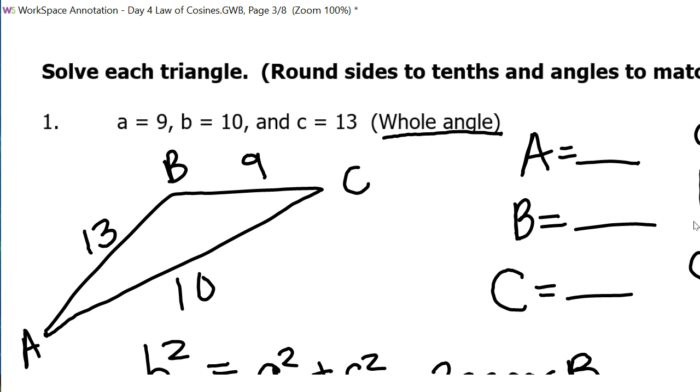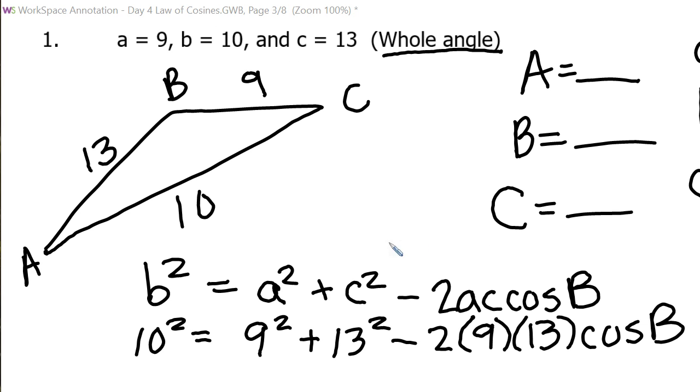Now, solve that equation. We want to get the cosine by itself. What is 10 squared? 100. Go ahead and put this in the calculator. 9 squared plus 13 squared. What's 81 plus 169? 250.